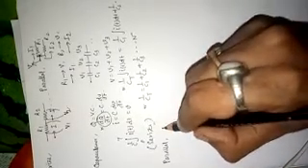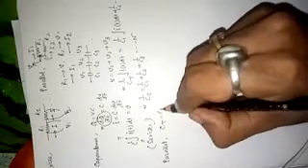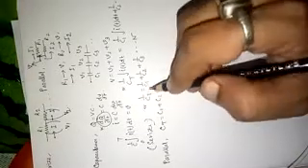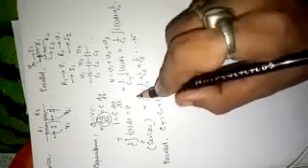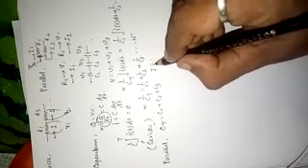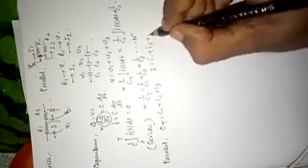Now if you are taking a parallel combination, obviously the reverse case will come. So Ct equals to C1 plus C2 plus C3. You can ask why: in the parallel case the voltage V is the same, but the current I is different. In a parallel circuit, I equals to I1 plus I2 plus I3.